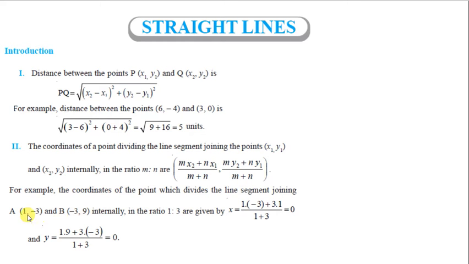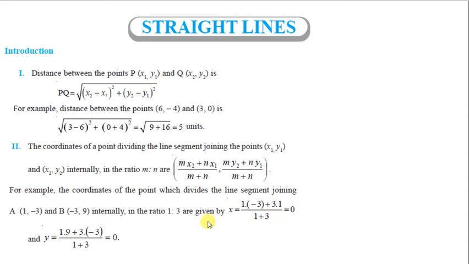Suppose we want to find the coordinates of a point which divides the line segment joining (1, -3) and (-3, 9) internally in the ratio 1:3. So this is m, this is n, and this is (x1, y1), this is (x2, y2). So x is given by m, that is 1, into x2, x2 is minus 3, plus n, that is 3 here, into x1, that is 1 here, divided by m plus n, that is 1 plus 3.